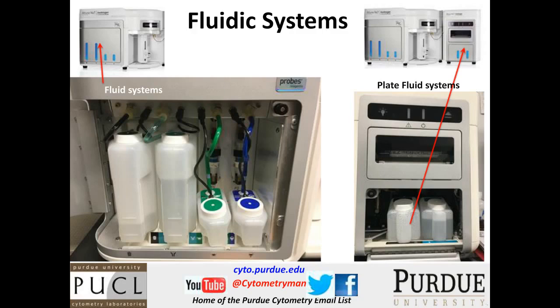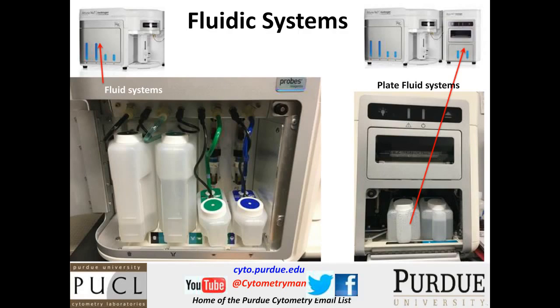So that shows that this is the sheath tank, and it's really very small. It's tiny, and this suggests that the instrument is capable of going for extended periods of time with a very small amount of sheath. So that's a nice feature about the system, and that whole sheath tank is right here on the front of the instrument.